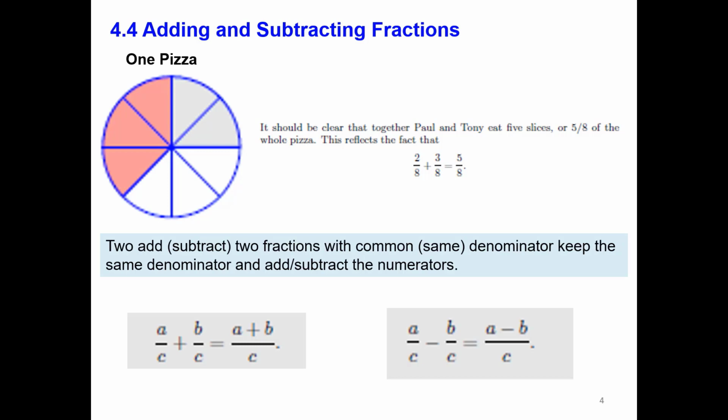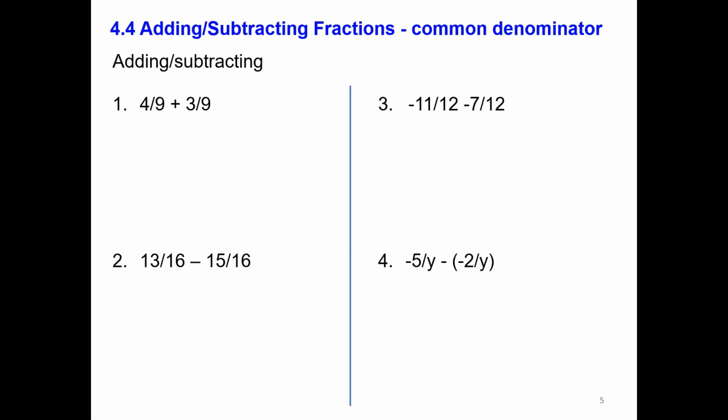If we have fractions with common denominators, what we have to do is keep the denominator and add the numerators. If we have subtraction, we keep the denominator and subtract the numerators. Again, this is just a review of what we discussed before.